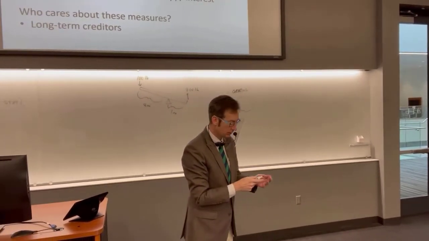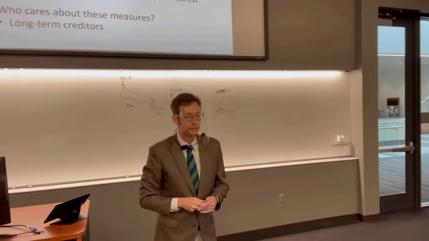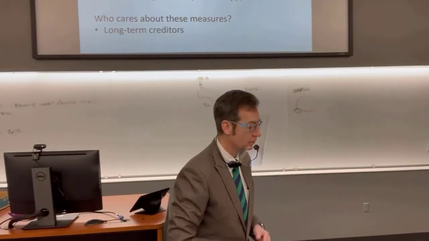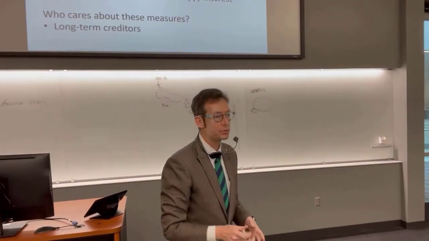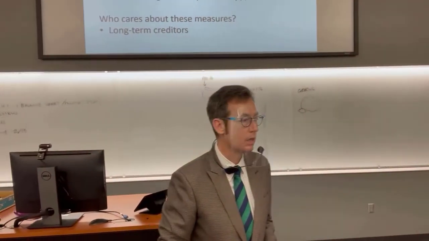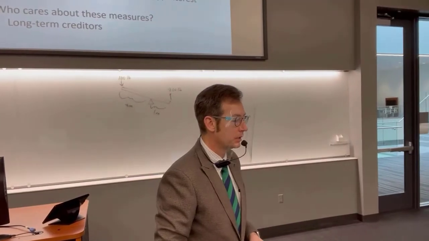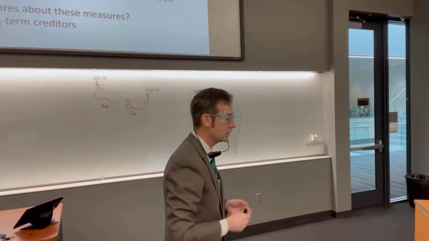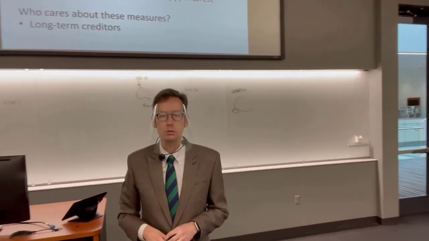Okay, let's talk about the first one, the total debt ratio. The first formula says total assets minus total equity divided by total assets, which, by the way, is just total debt over total assets. Why in the world would we substitute total assets minus total equity for total debt?